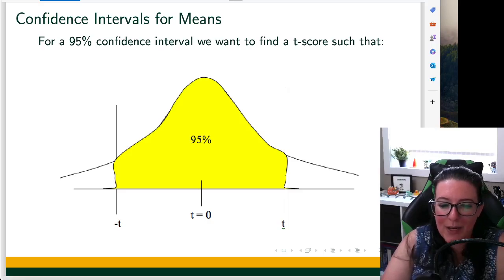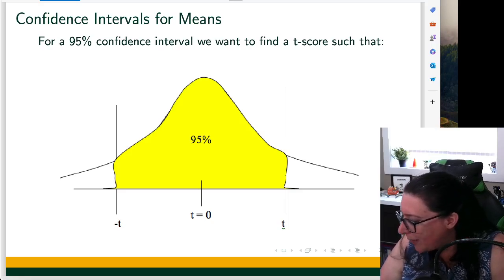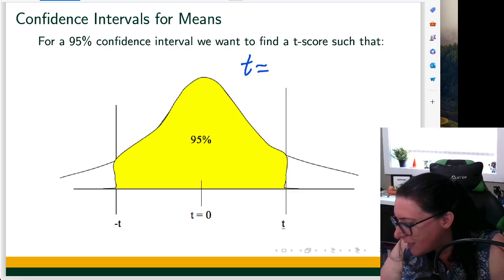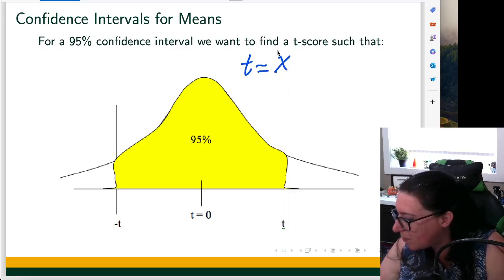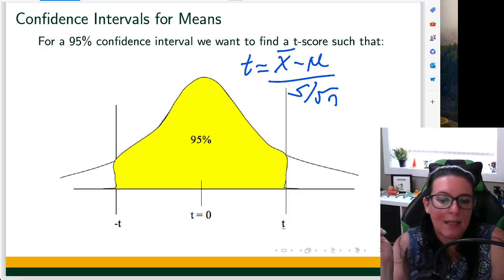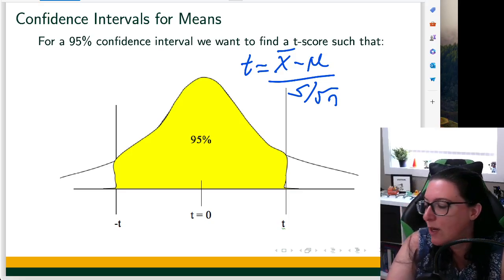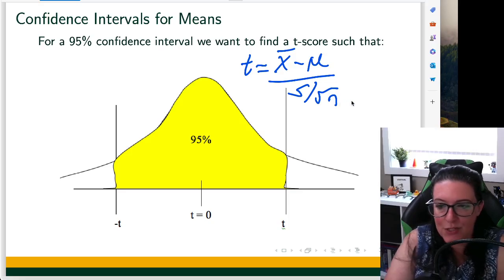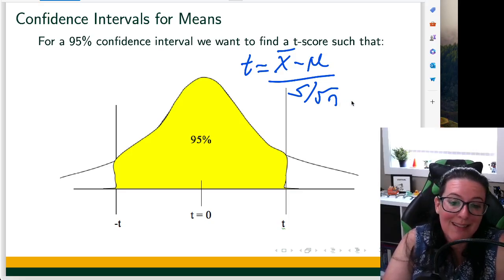We have a different distribution, and we need to find a t-score. The t-score is x bar minus mu, divided by s over the square root of n. So just like the standard normal, but here we have s for the standard deviation of the sample instead of the population.